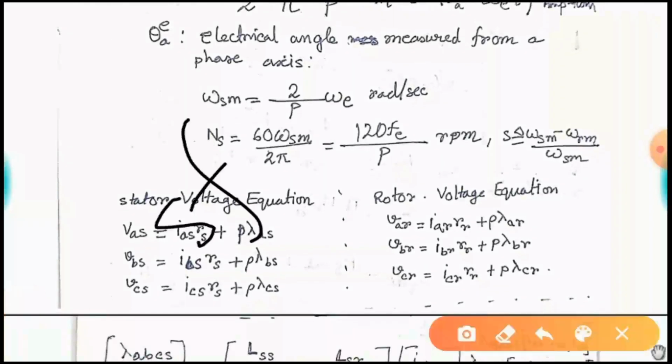Later on, in the 5th or 6th semester, you will read electrical drives, and you will see how this slip frequency voltage can be reutilized.